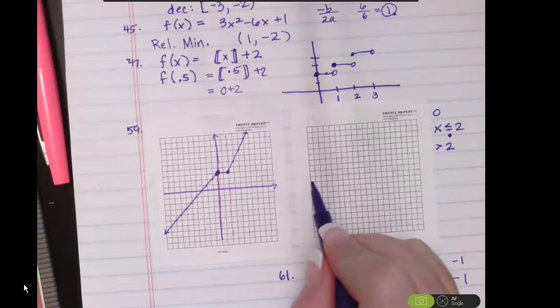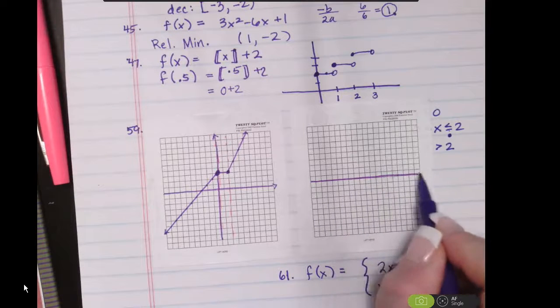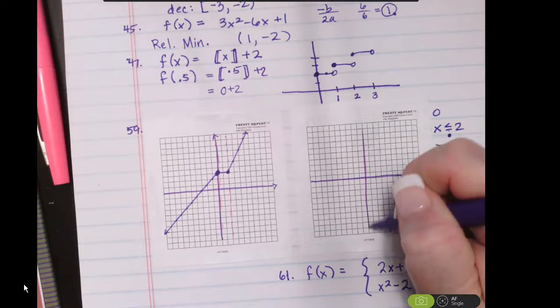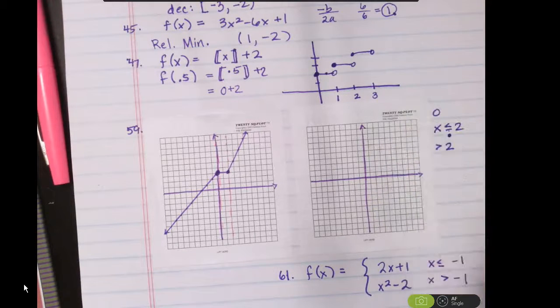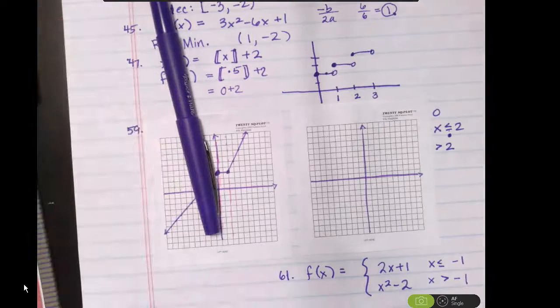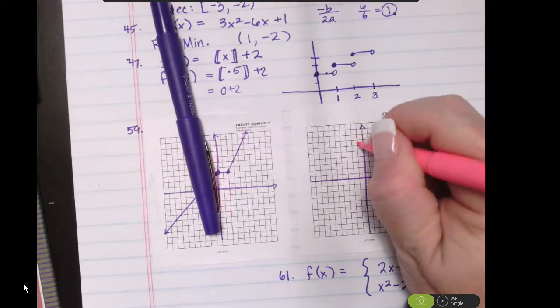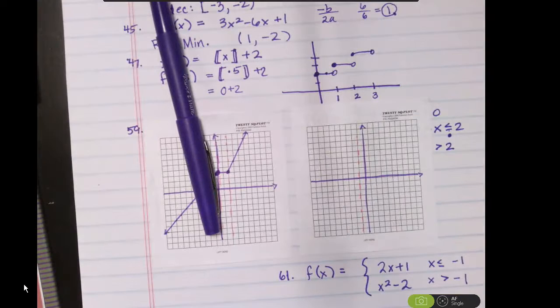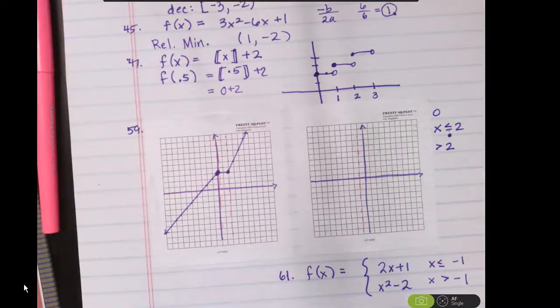So I'll sketch my coordinate plane. And my division of my neighborhoods is over here at x equals -1. On the left side, x is less than or equal to, so that's going to be a closed circle.